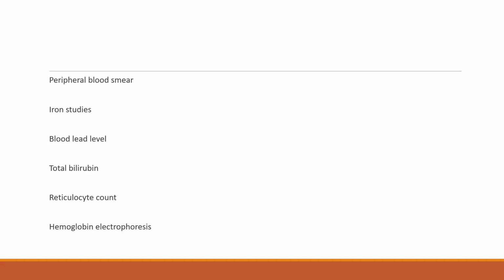When your beta chains are decreased, you're going to have a decrease in your hemoglobin A, which is your alpha beta, but you'll see a rise in your A2, which is your alpha delta. You might also see a rise in hemoglobin F, comparatively. So that is very supportive if you have a patient with microcytic anemia and an elevated A2 on your hemoglobin electrophoresis. That is very consistent with the diagnosis of beta thalassemia.